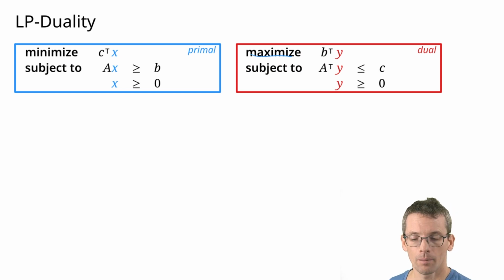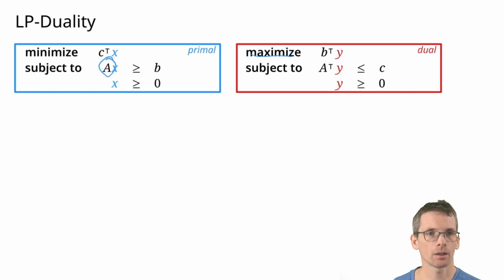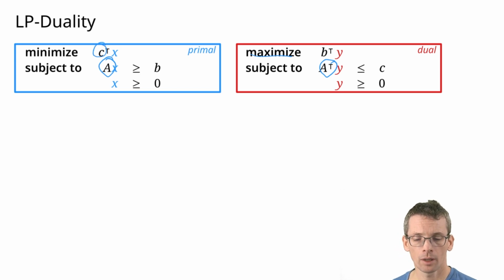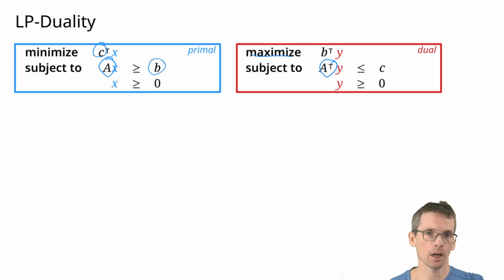And my matrix A here in the dual will be transposed. So I have A transposed here. And the C that is here in the objective function, and the B, which are my lower bounds in the primal LP, those switch roles.